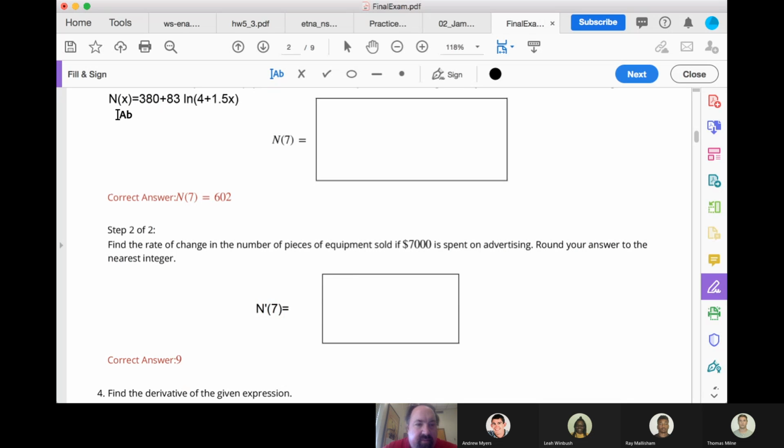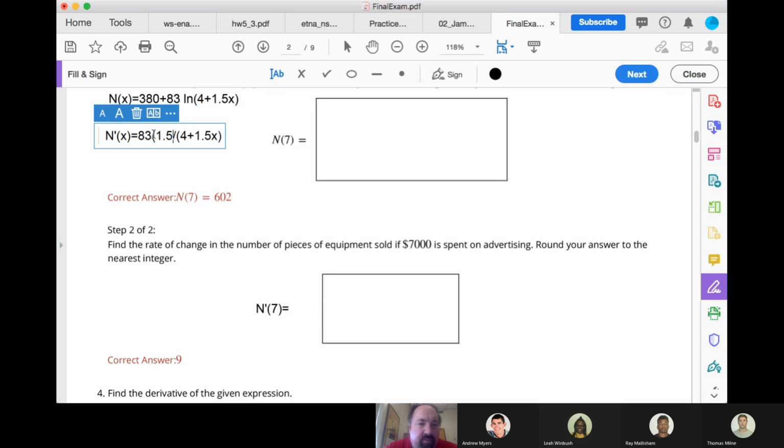Now, as far as how you would get that, so N prime, you would get nothing from the 380. It's just a constant. So then you have 83 divided by this, because derivative of ln of this is 1 over that, 4 plus 1.5x. But then you have to multiply by the derivative of whatever you're taking a log of. That's the same thing that happened in the previous problem.